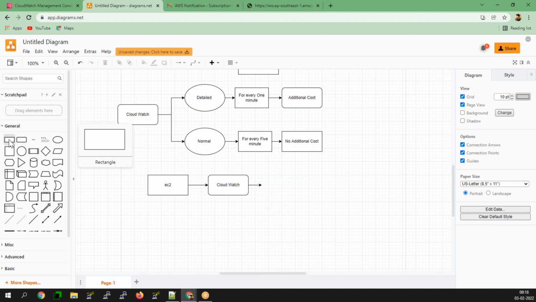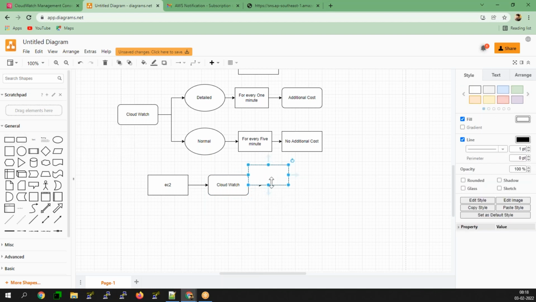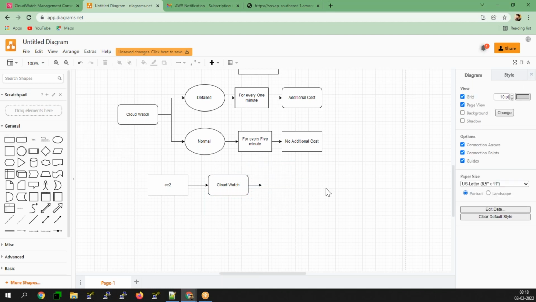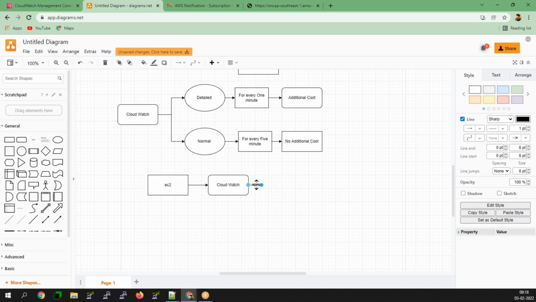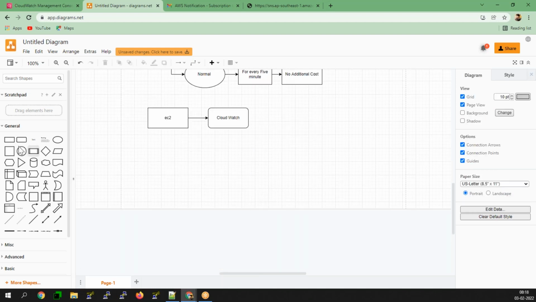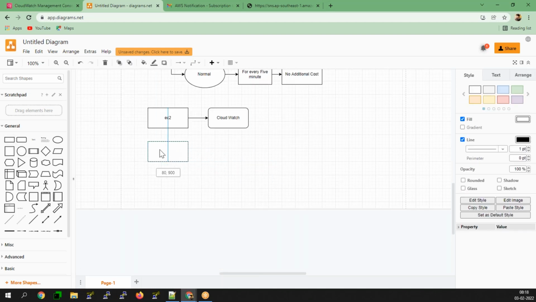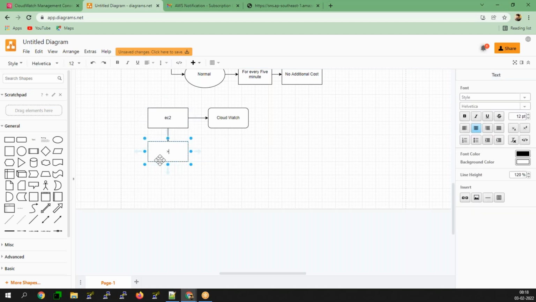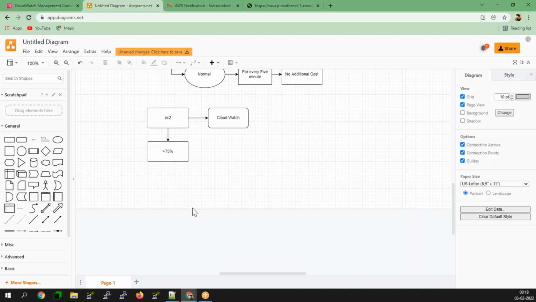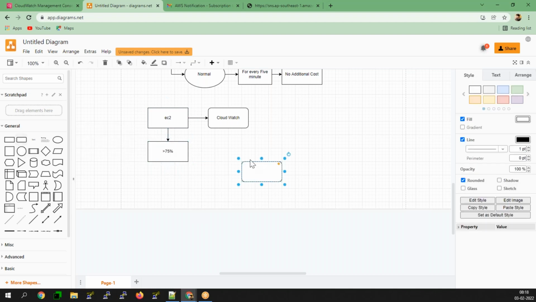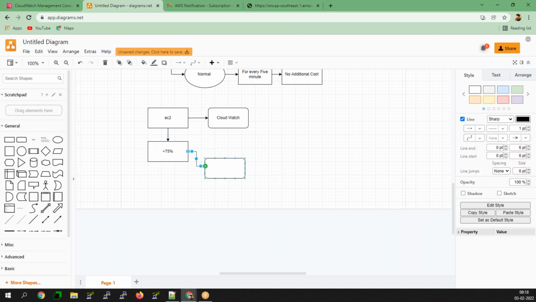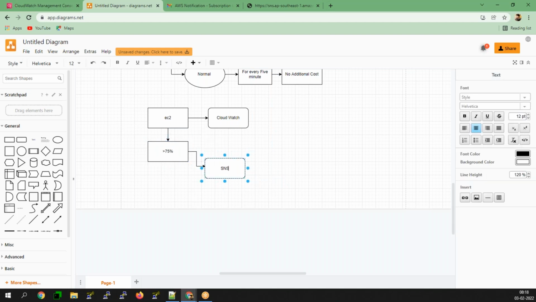Now, if the threshold of the EC2 instance is greater than 75%, you will get an SNS notification.